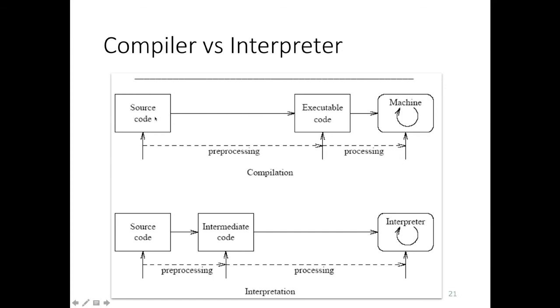If you use a compiler, once you finish your coding, you just compile it. Usually, most programming tools allow you to do that. You compile and change the code into executable code that the computer can understand. The whole thing is called compilation.